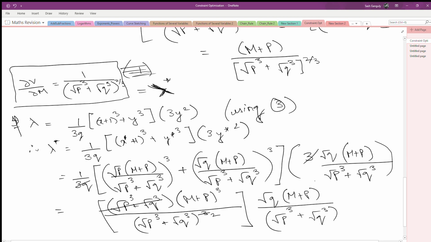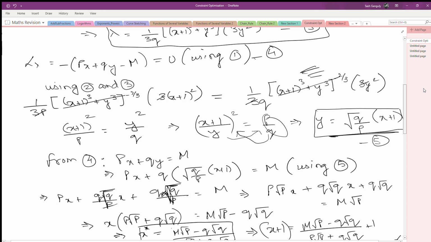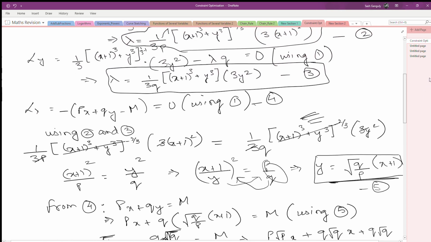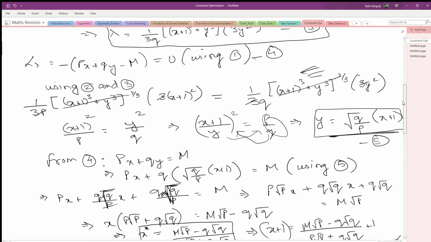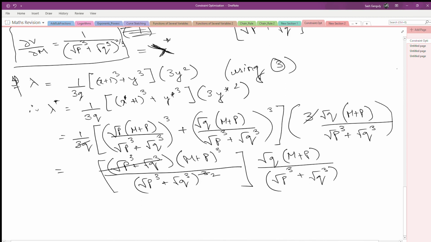Alright, let's have a look. Yeah, that is my lambda star. Okay, so if you go ahead and solve this further, then oh, there's something missing.